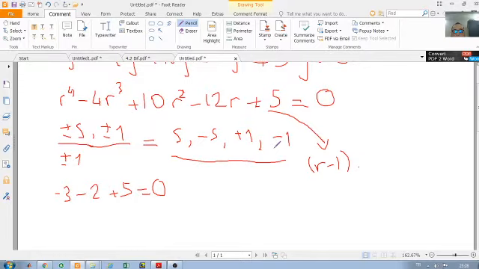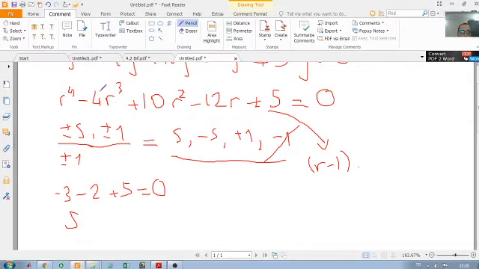When we check this equation for minus 1, we obtain 5 plus 5 for the first 2 terms, plus 1. Here we have minus 1 times minus 4 becomes plus 4 for minus 1. 10 plus 10 plus 12 becomes 22. So we don't have 0 for the result, therefore minus 1 is not a root. Similarly, you can check the others. When we write 5, we have 5 to the power 4 minus 4 times 5 to the power 3.